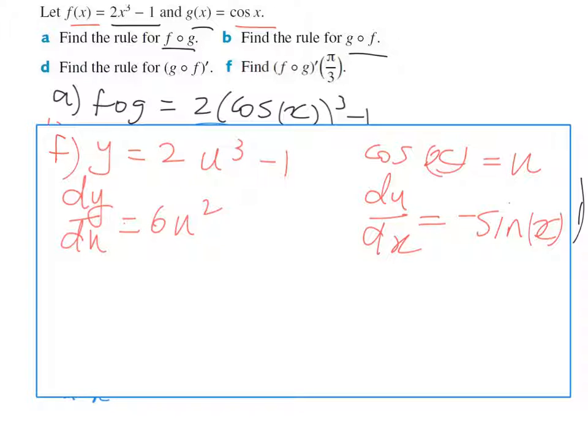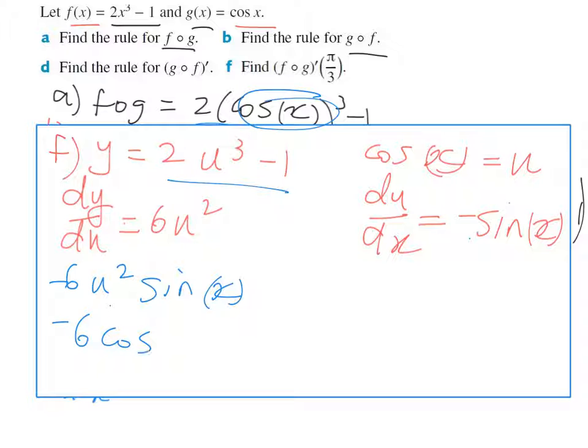So then dy dx equals 6u squared, negative because we've got a negative here, sine of x. And we know that u equals cos of x. So we go to negative 6 cos squared of x times sine of x.